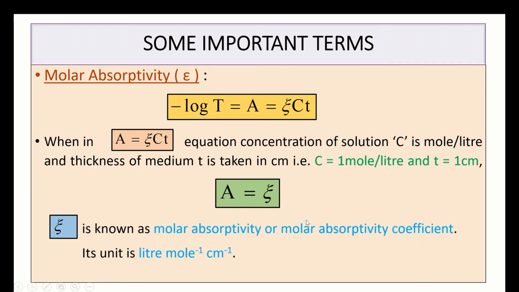So we define epsilon as the molar absorption coefficient or molar absorptivity, whose unit is liter per mole per centimeter, or liter mole inverse centimeter inverse. So when the concentration is 1 mole per liter and thickness is 1 centimeter, we define absorptivity as molar absorptivity, and at that time absorbance is equal to the molar absorptivity.